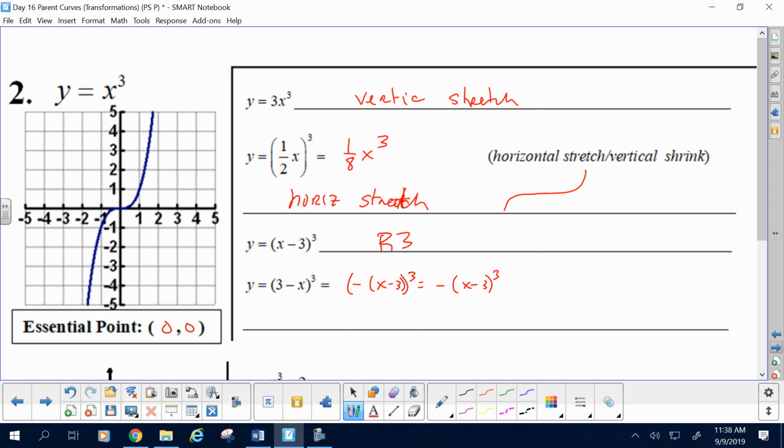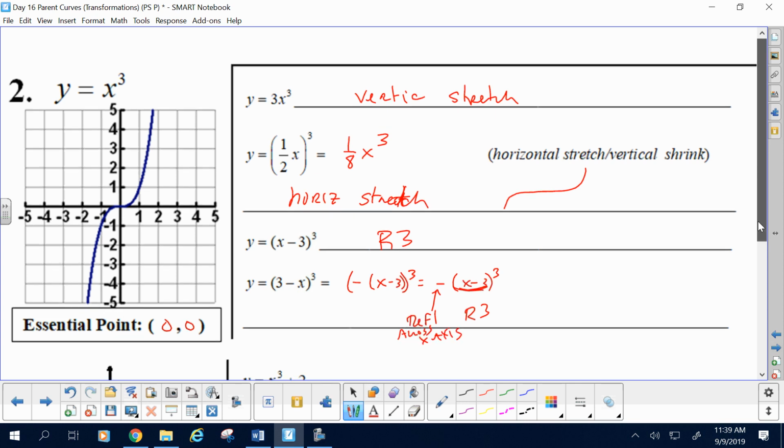So you'd first say this is shifted right 3, then you'd say this is reflected. Is that changing the sign of x, or is it changing the sign of the function y? The function. And if it changes the sign of the function, it changes the sign of y, then it reflects it across the x-axis. It'll be important that we take a test point to check it.